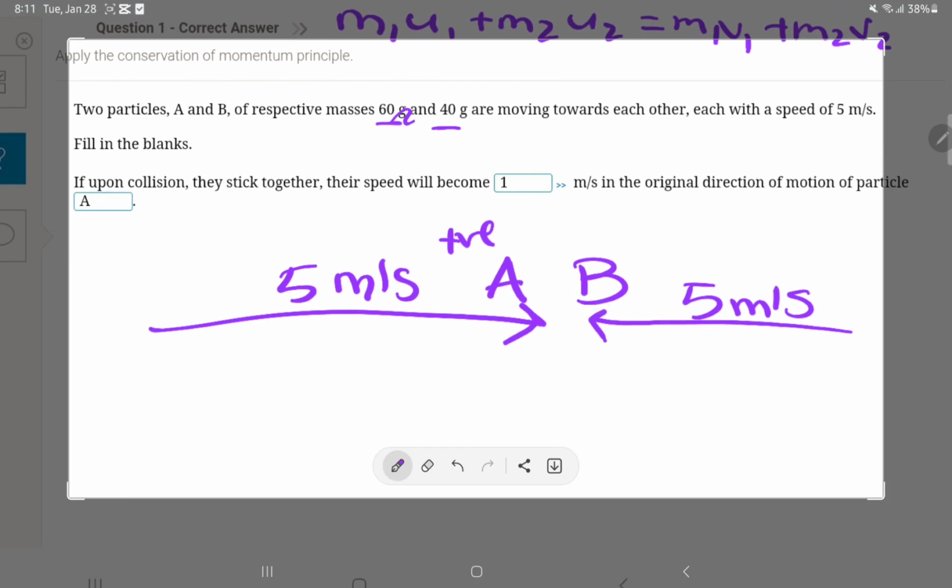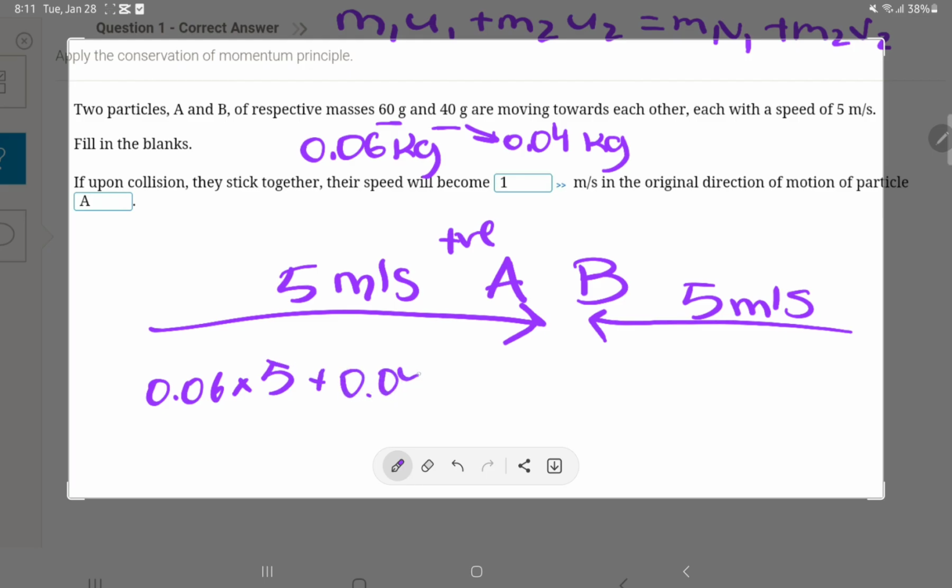We have to convert these masses into kilograms. So it becomes 0.06 kilograms and 0.04 kilograms. So basically, 0.06 times u1, which is 5, plus 0.04 times negative 5 is equal to mv.